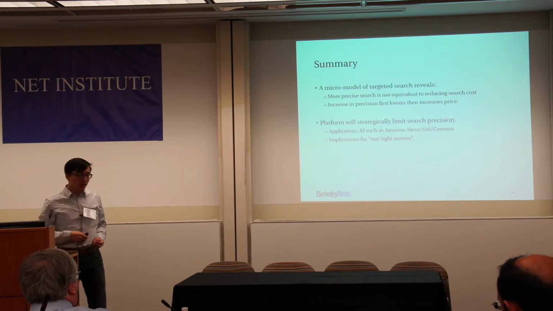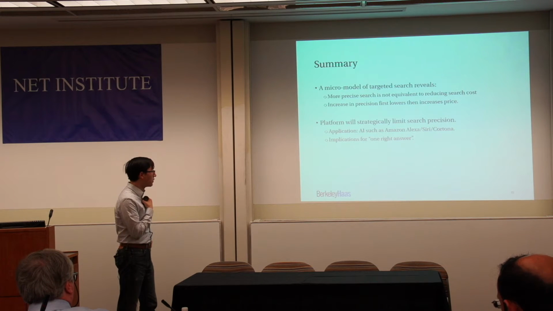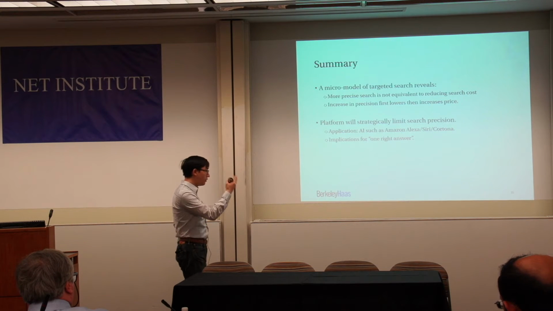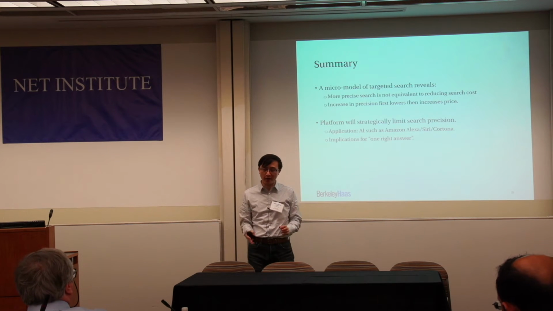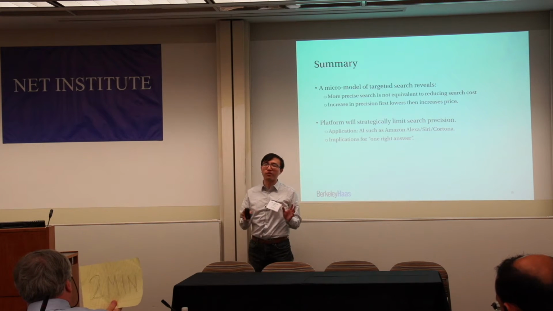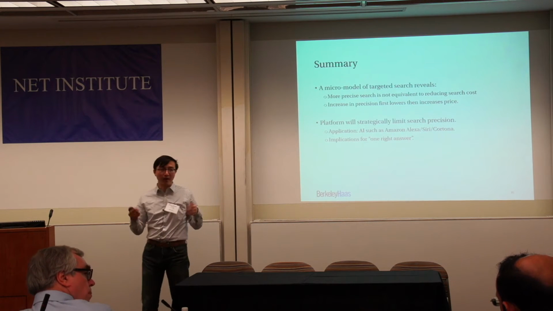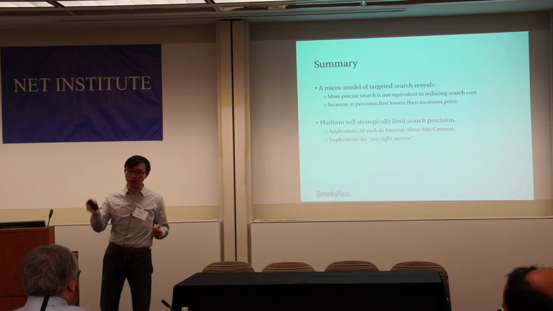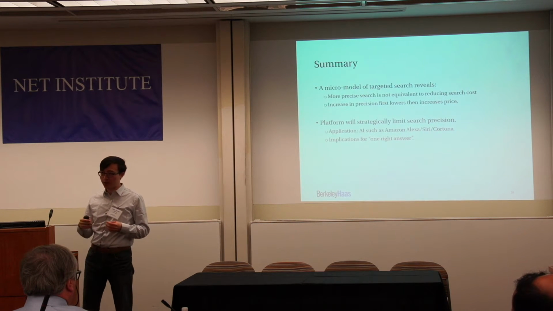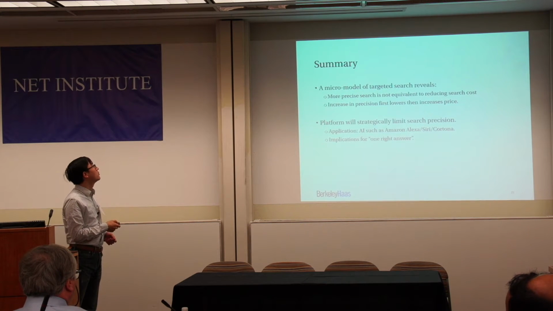Now, in terms of the platform's decision, this would lead to an immediate implication in terms of platform design. When the platform is deciding how many search options should I give to consumers, or how should I optimize my search algorithm to take into consumers' personalized data to make the recommendations, essentially, they have to think about the implications, right?